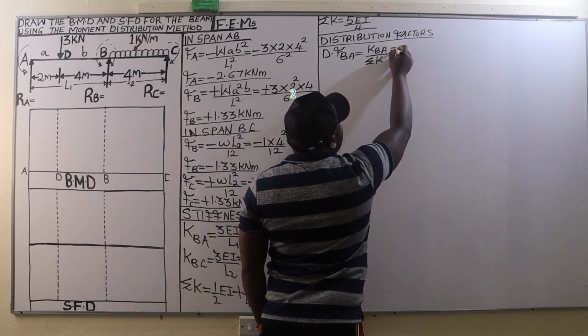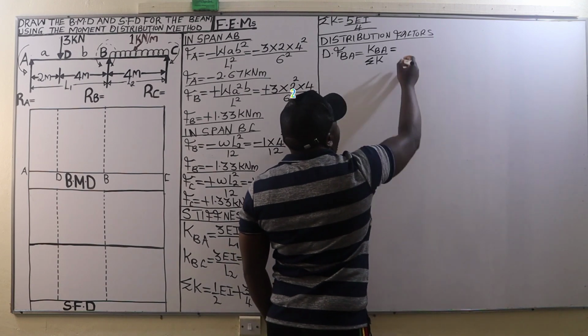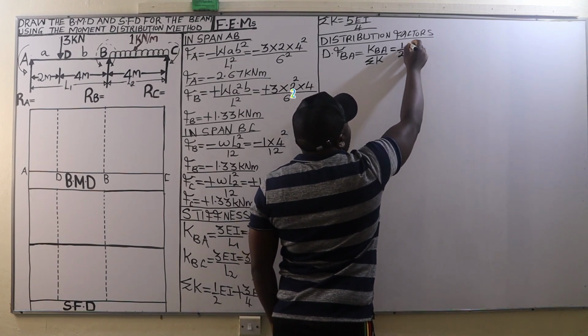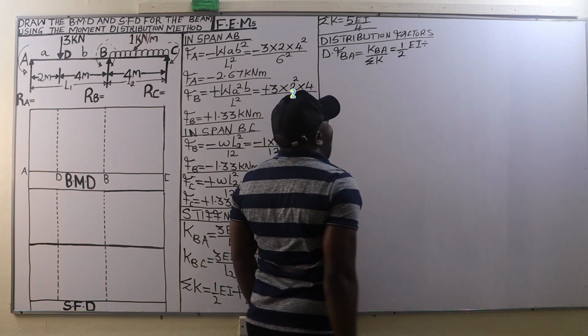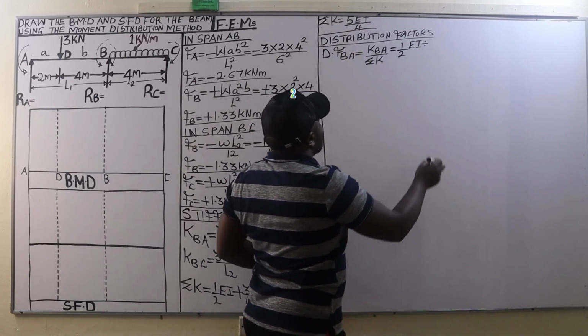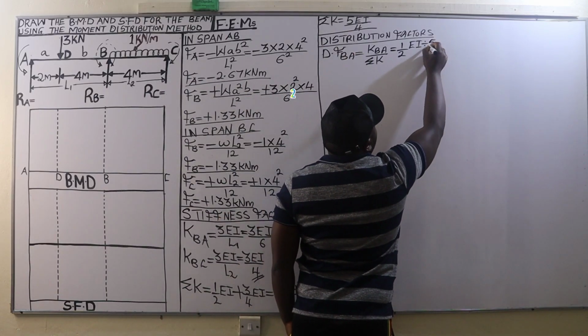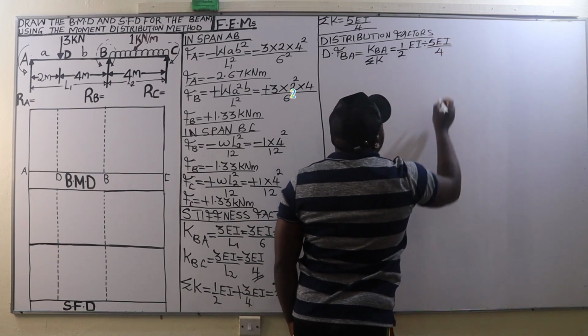So this is going to be KBA, which is a half of EI, divided by the summation of the stiffness factor, that is 5EI divided by 4.